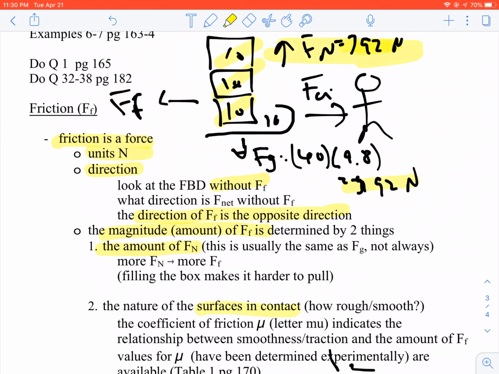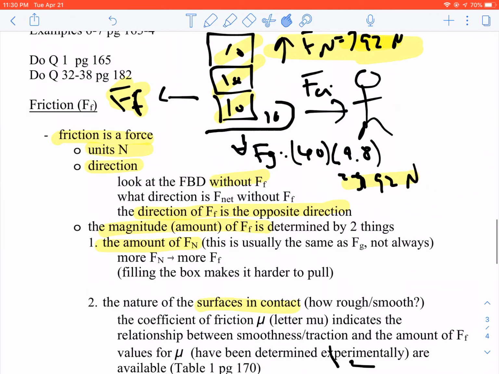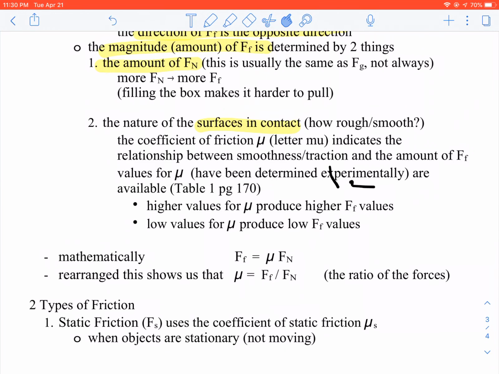Wood on cement or asphalt does not slide very easily, and there will be more friction there, which means that this force here is going to be different depending on what surface I'm on. Those are the two different things that are going to affect friction here. Now, the formula that we use for calculating friction is this one here.